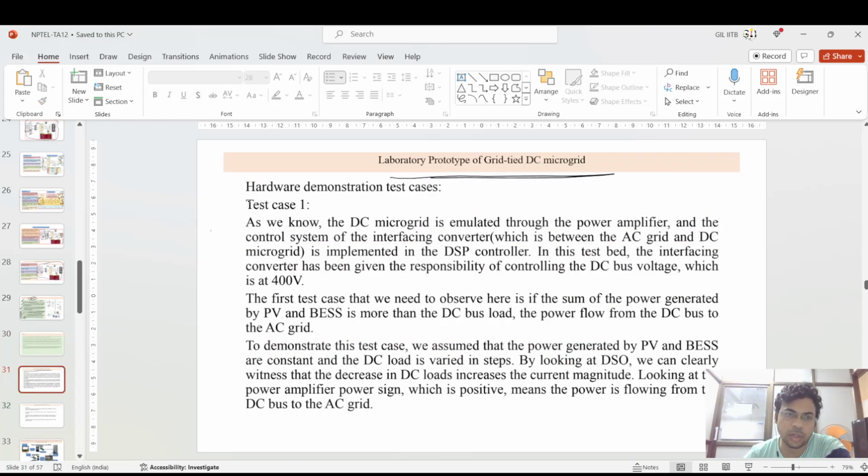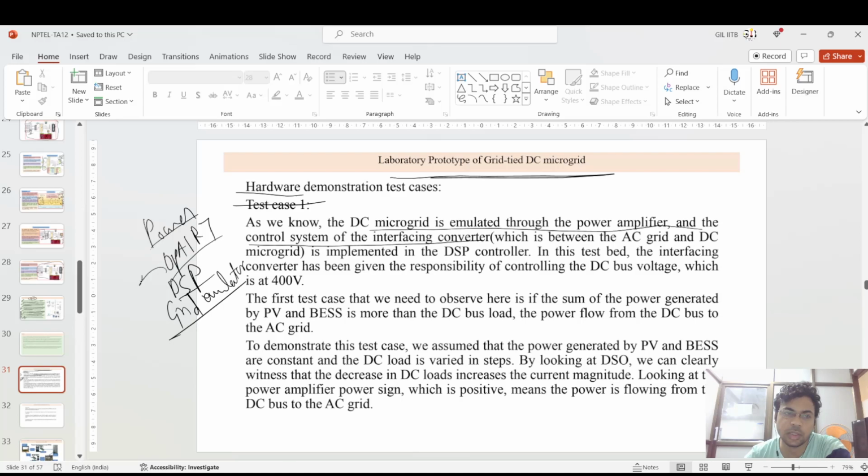Coming to this laboratory prototype of the grid tied microgrid, they have taken two test cases. They have implemented this DC microgrid, and they have used a power amplifier and a control system interfacing the DSP. You have an OPAL-RT, you have a DSP controller, you have a grid emulator.